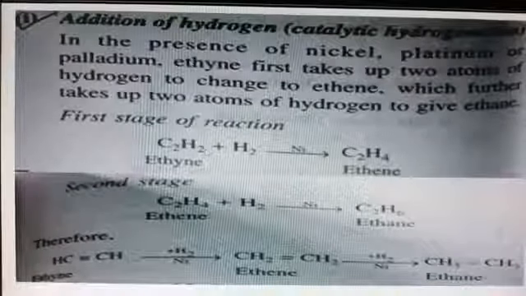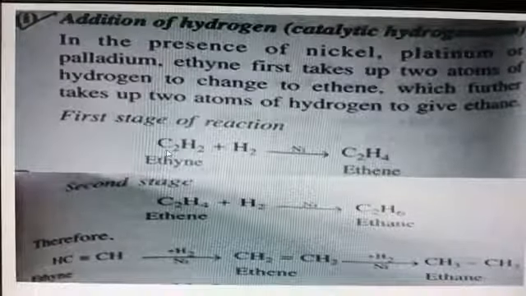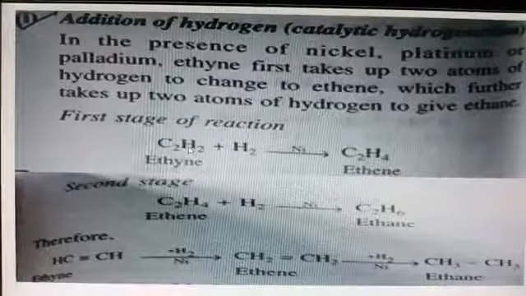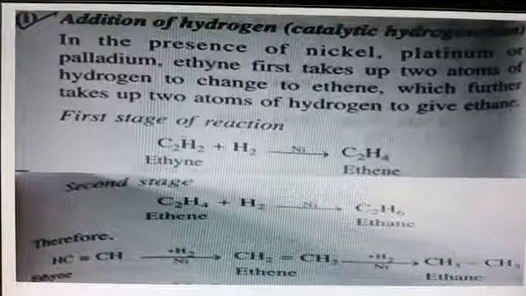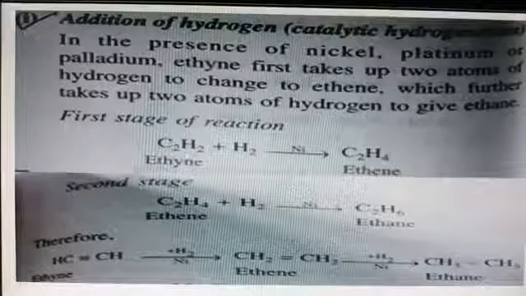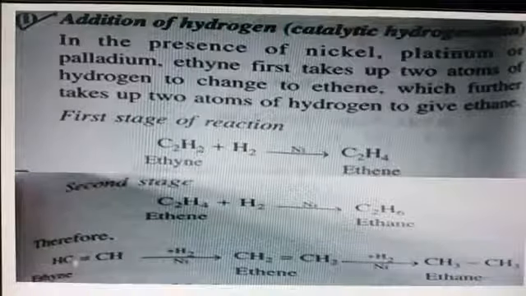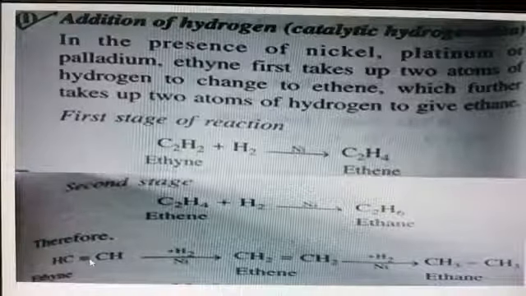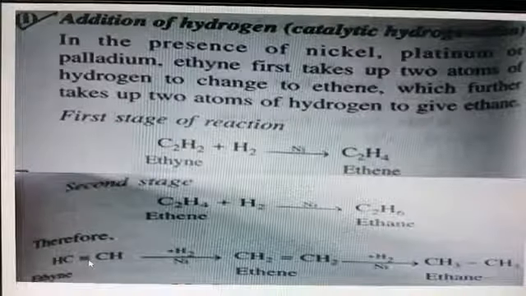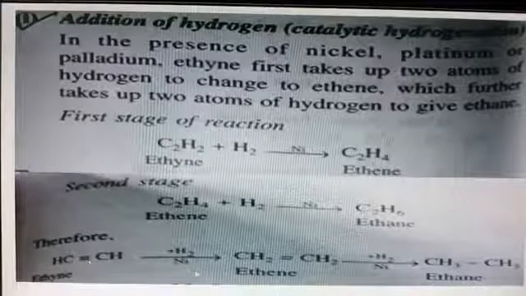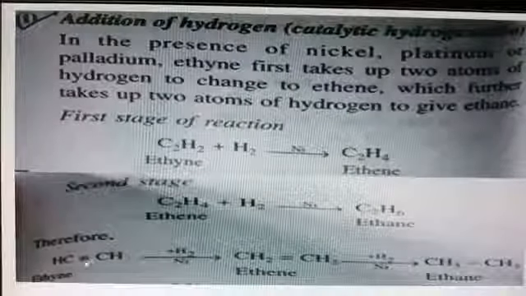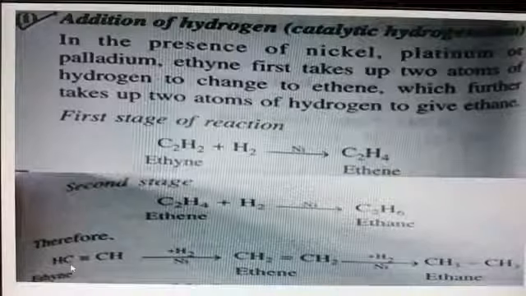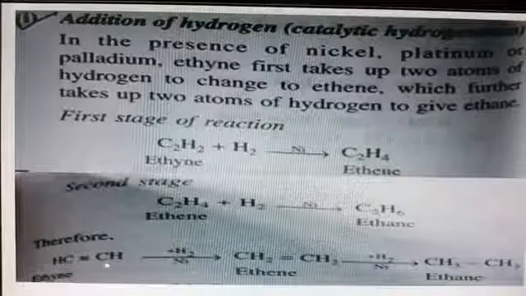First of all, this ethyne, C2H2, in the presence of hydrogen and nickel breaks. You can see the triple bond here. When it breaks, one hydrogen atom is added here and one hydrogen is added there.